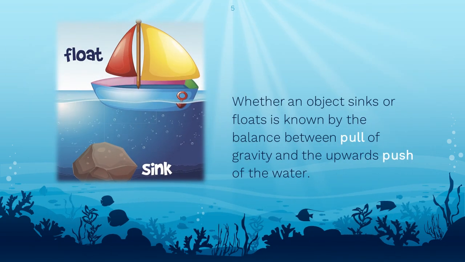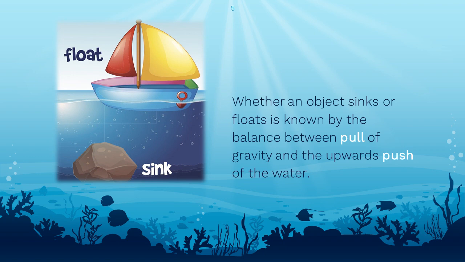Whether an object sinks or floats is known by the balance between the push of the water and the pull of gravity. Gravity is the force that is present in the earth. It helps anything stay on the surface, on the ground.